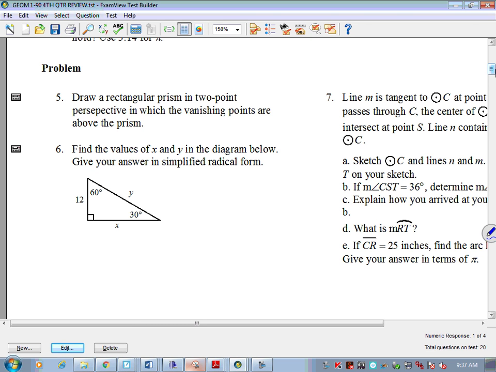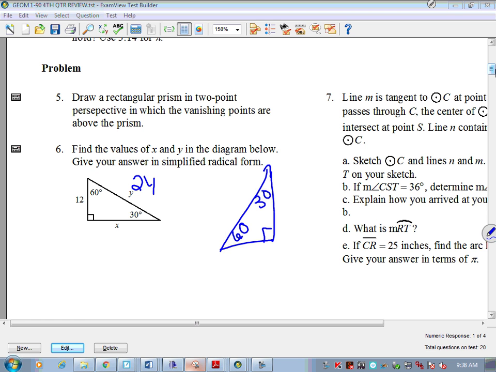All right, notice that across from 30 is 12. All right, so what should my hypotenuse be? Nope. 24. All right, so we need to go back to, you're in the right ballpark, Mick.